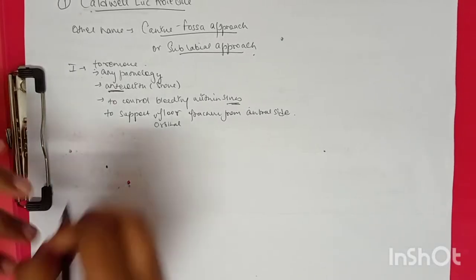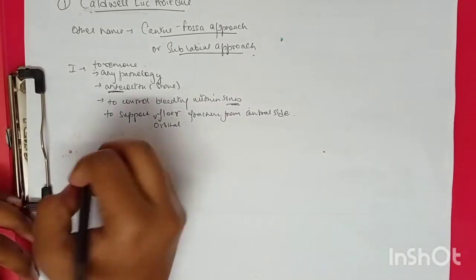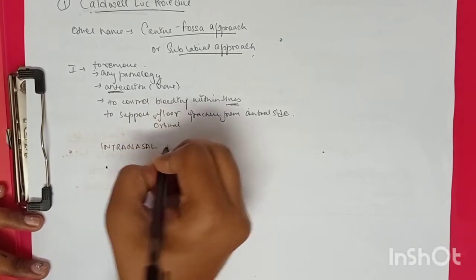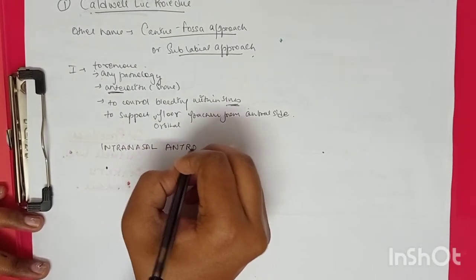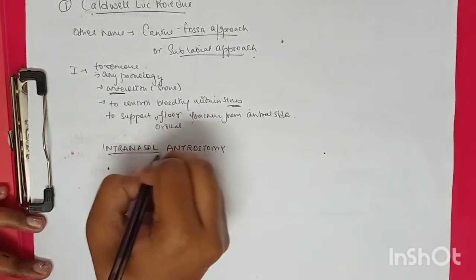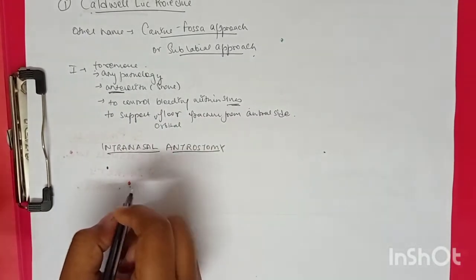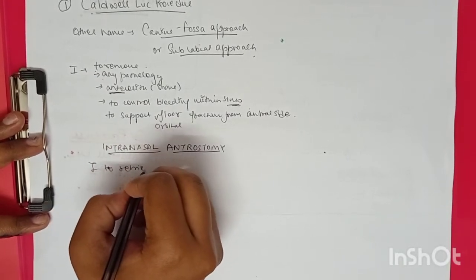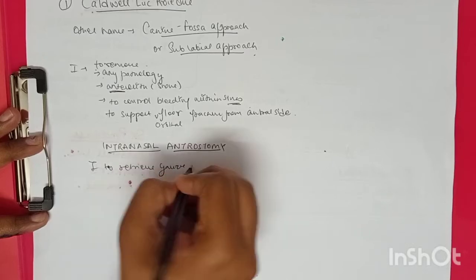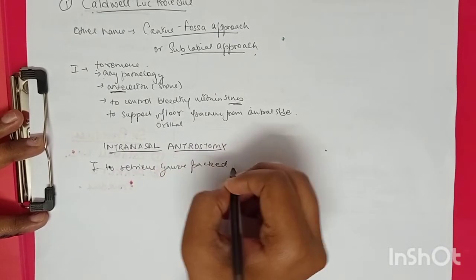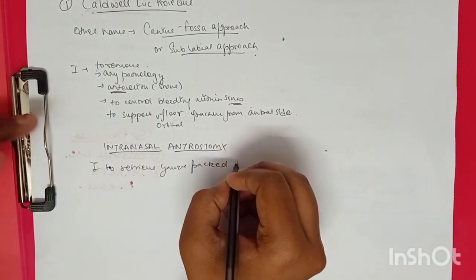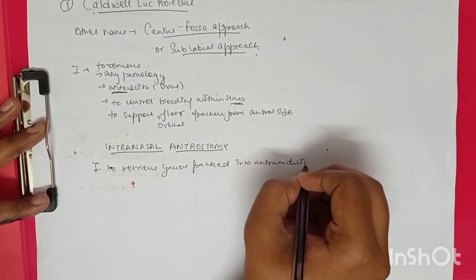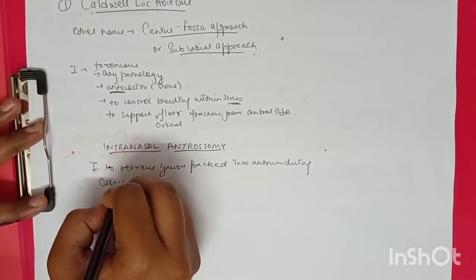Another procedure which is done in continuation with the Caldwell-Luc is intranasal antrostomy. The indication is basically to retrieve the gauze piece which is packed into the antrum during the Caldwell-Luc.